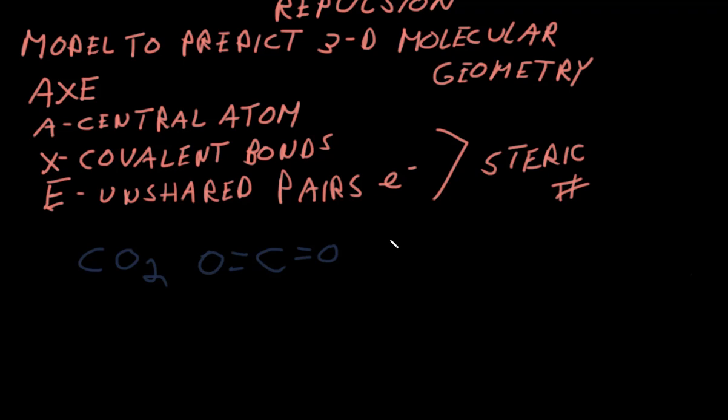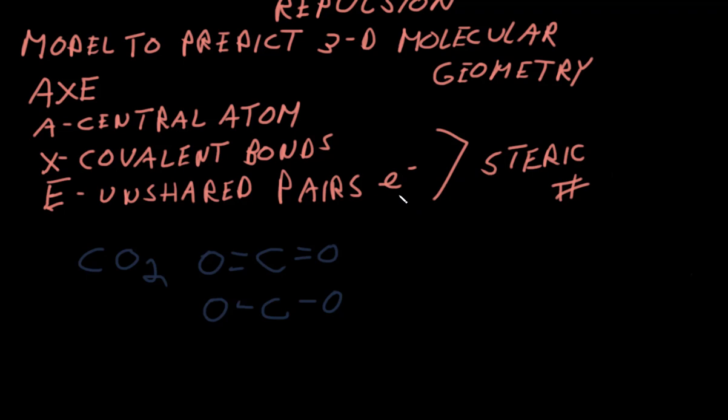When you do the VSEPR, you really don't need to show the bonds if there's double or triple. All you need to do is indicate the molecular geometry with a single line to represent the covalently bonded electrons.